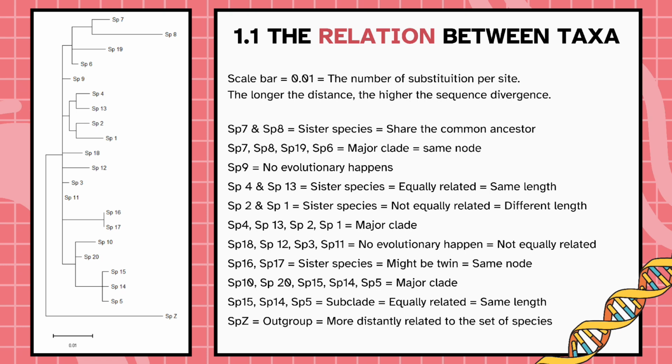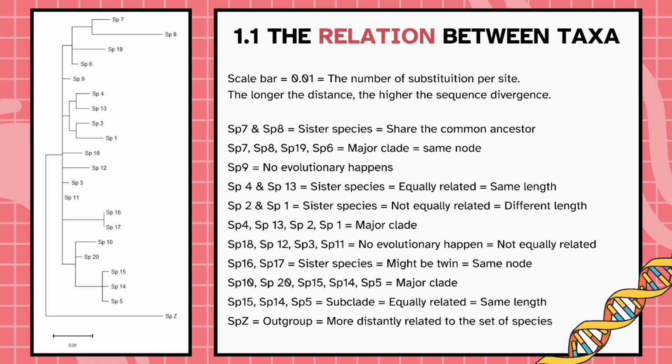Species 4, species 13, species 2, and species 1 are the major clade. Species 18, species 12, species 13, and species 11 show no evolutionary happens and they are not equally related. And I would like to emphasize they have different length.